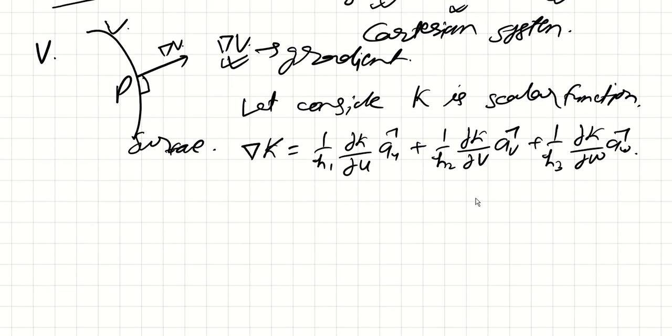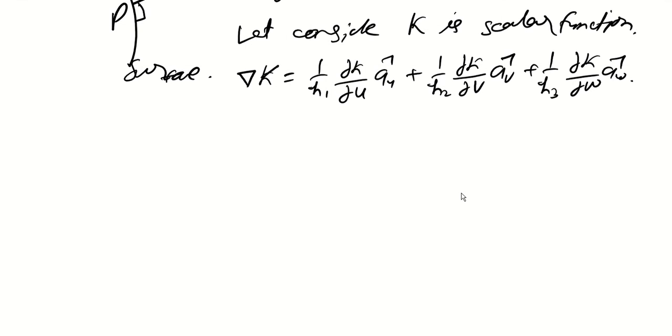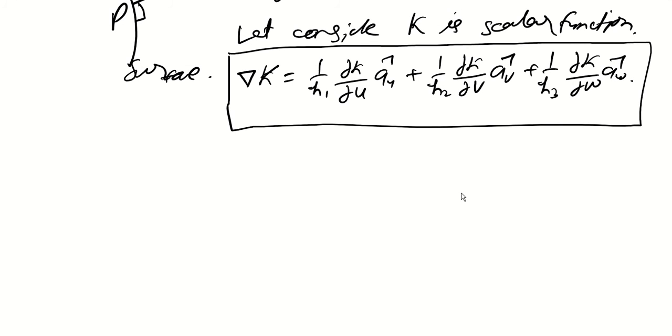So this is very important, you have to understand this. Like k is the scalar function and we are defining del k in terms of u v w coordinates. Now what is u v w?